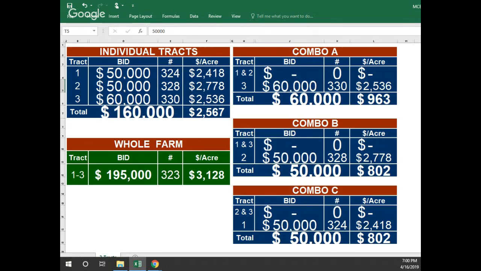I believe I heard Pat read in the announcements, the current cash rent's $165 an acre. Pretty nice return on your investment, guys, if you don't want to farm it yourselves. Any further increase?